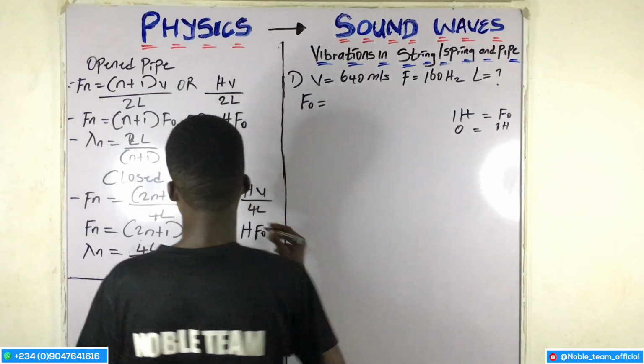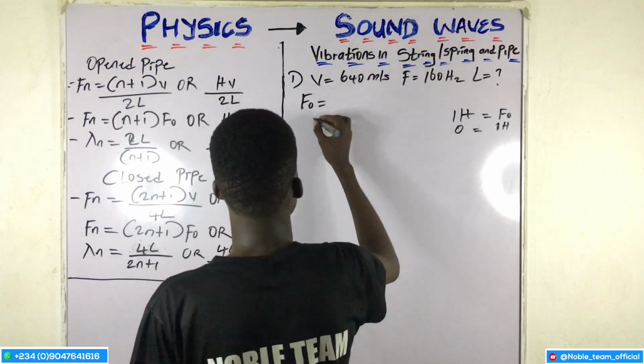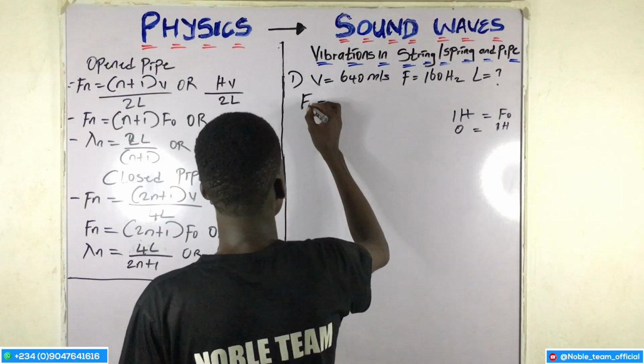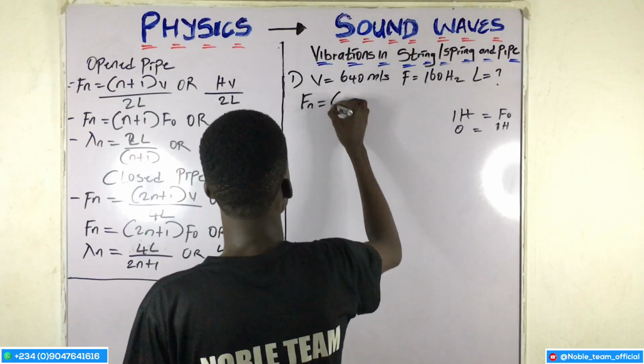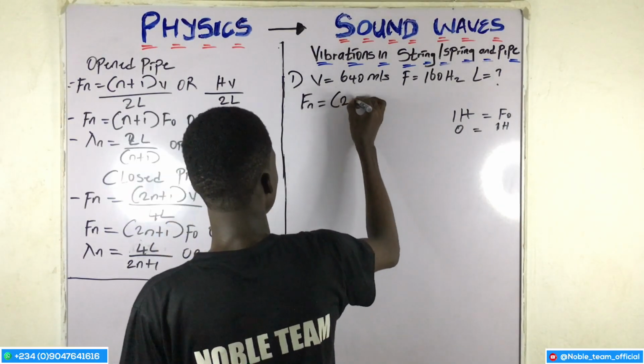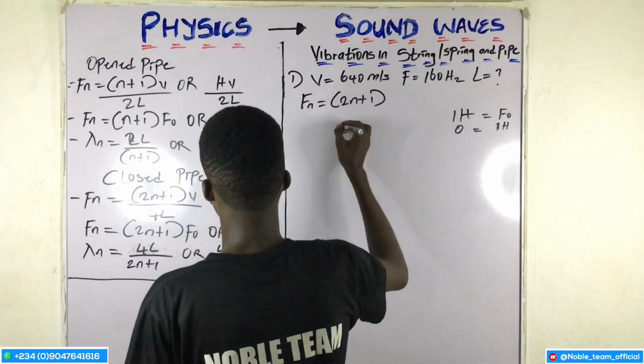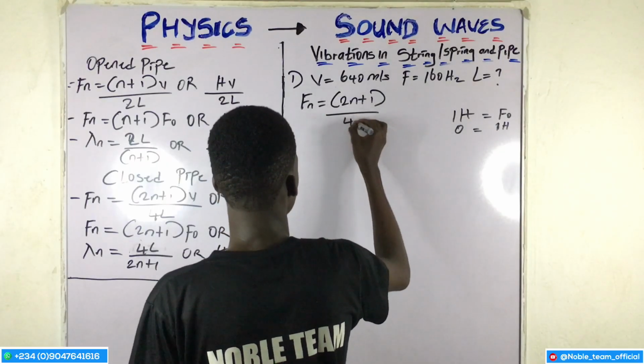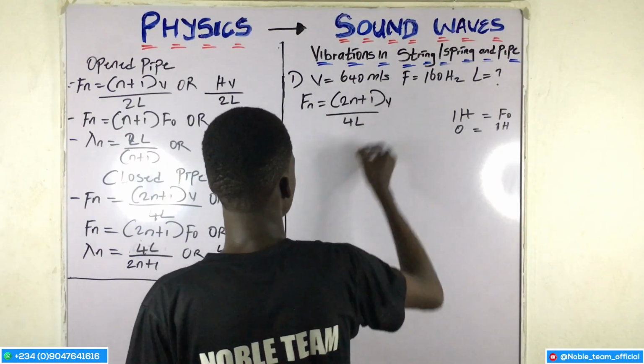So now let's solve. Using this formula, folks, I have that Fn is equal to, where's that formula for closed pipe? 2n plus 1 over 4l times v.